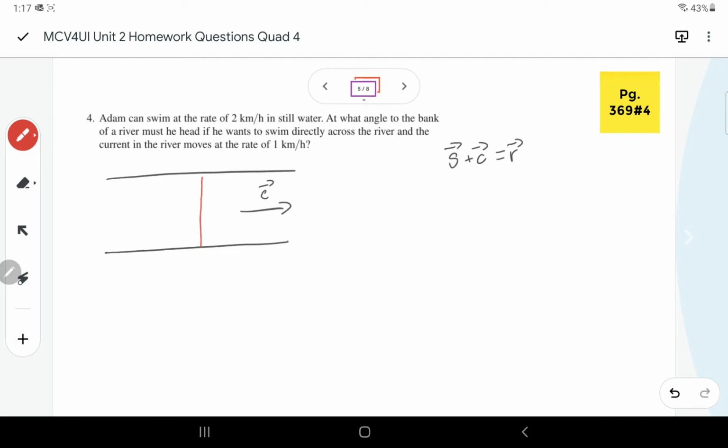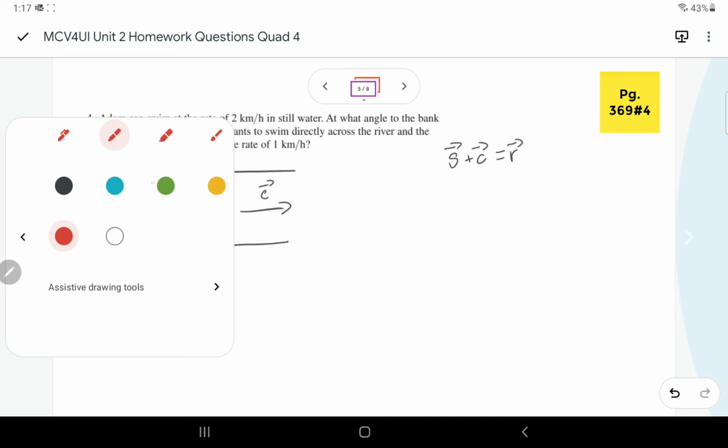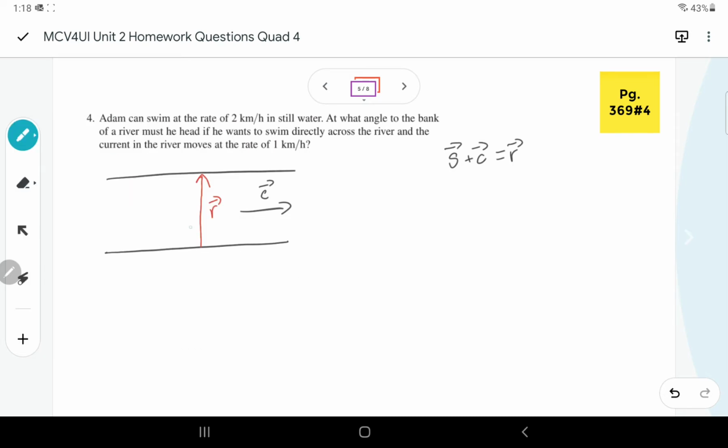So he needs to go this way, that he wants his resultant to go straight across. So he has to start swimming a little bit this way so that the current, when it pushes him, will end up going straight across.